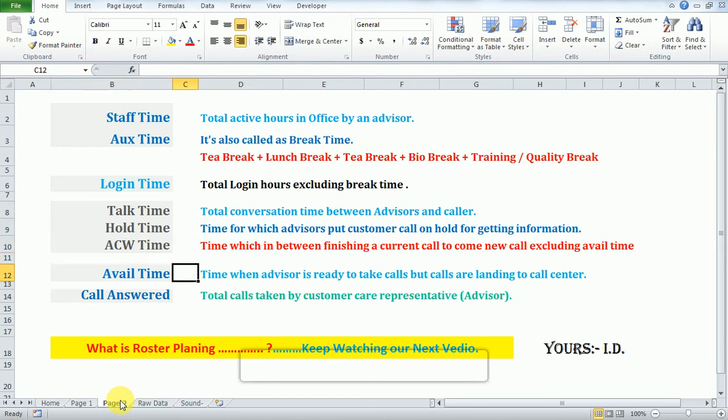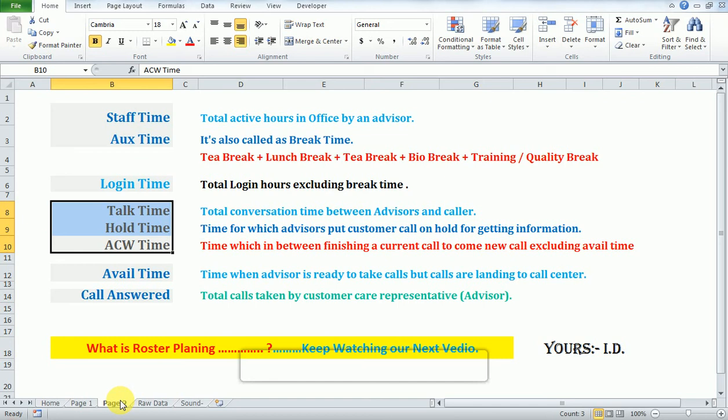So avail time, now I have cleared. Call answered I also told. Total calls taken by the customer care representative is called call answered. Once you include these three things in your AST time, you make the AST properly.